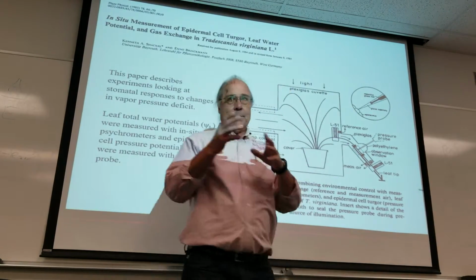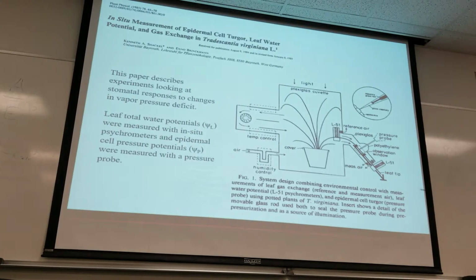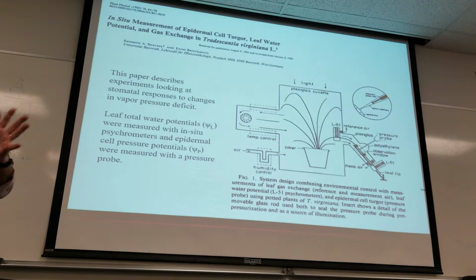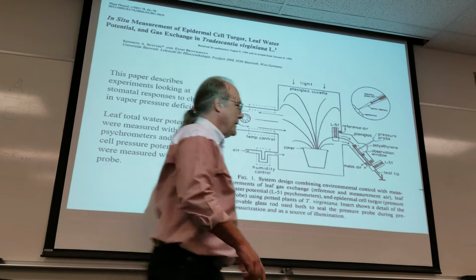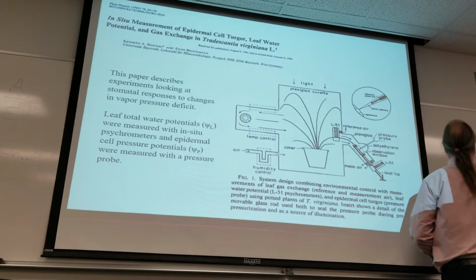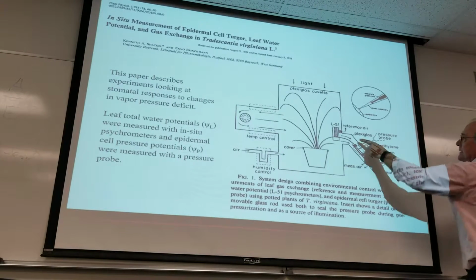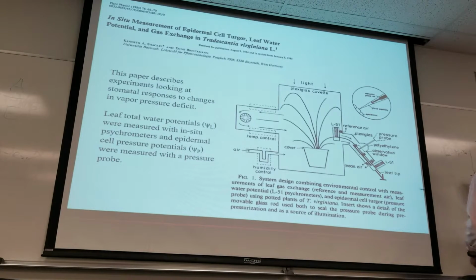And remember, they were trying to convince themselves that all these various devices made accurate measurements of water potentials in the system. What was it? It was the total potential from the in situ psychrometer minus the pressure potential minus the osmotic potential.